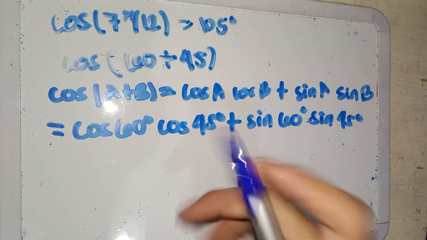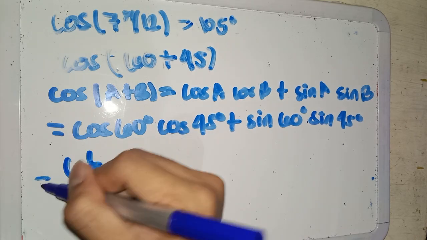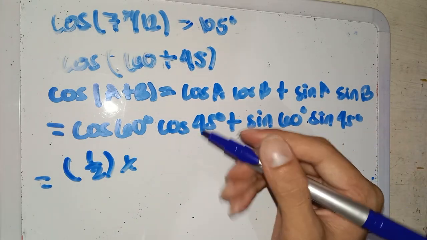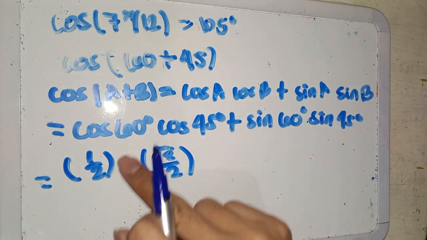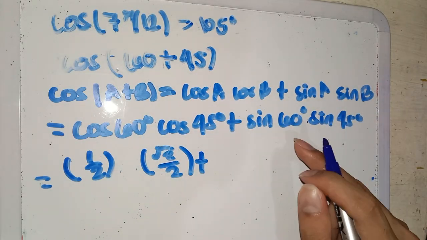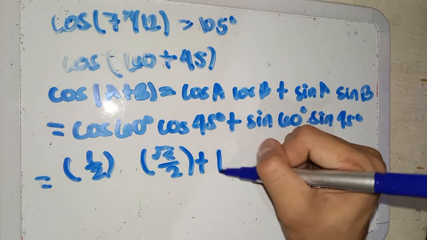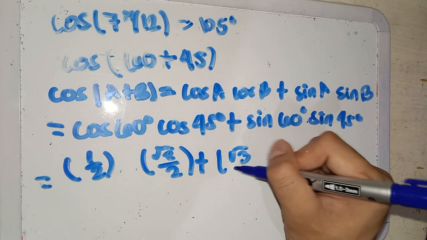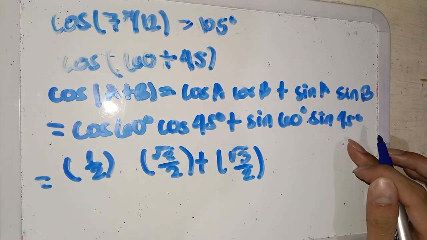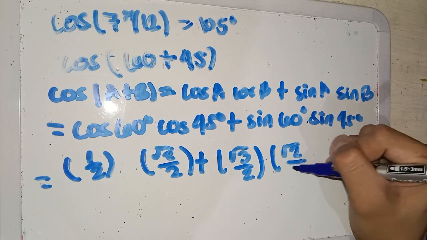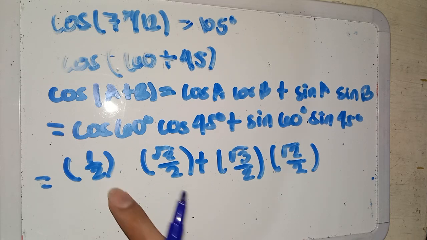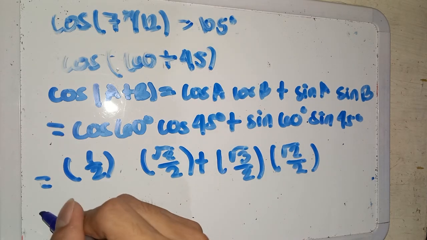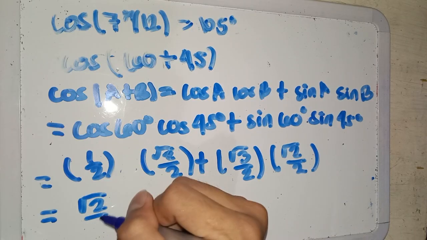Cosine 60 is 1 half times cosine 45, which is root 2 over 2, plus sine 60, which is root 3 over 2, and sine 45 is root 2 over 2. And now we need to multiply them. 1/2 times root 2 over 2 is equal to root 2 over 4.